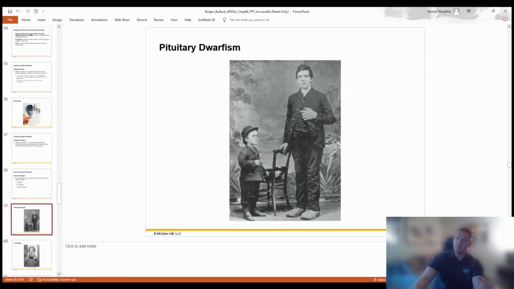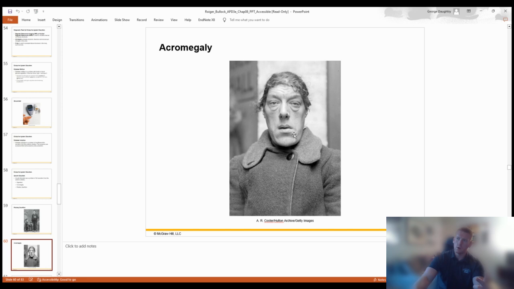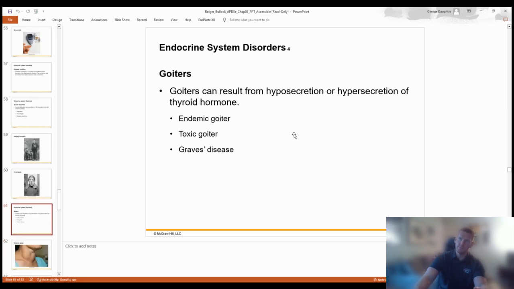Okay, here's an example of dwarfism: not enough growth hormone, and it results in stunted growth. Or acromegaly, which means abnormal growth of certain portions of the body: the jaw, the skull, really everything. And acromegaly, of course, can be life-threatening. That results in uncontrolled growth of bone, which of course can result in organ failure.